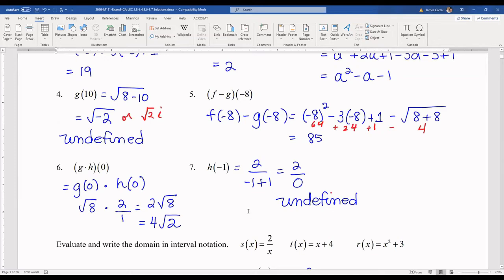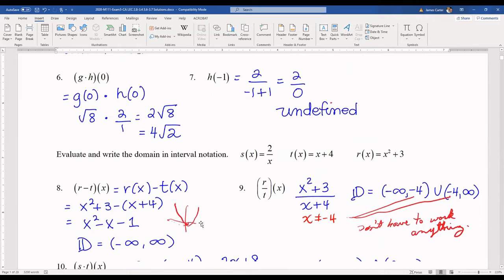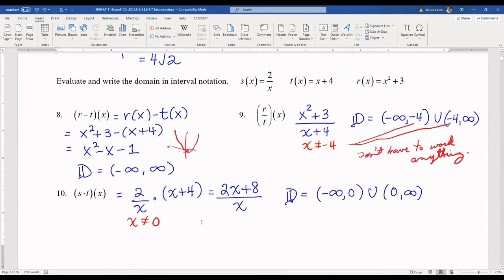Number 7. In this case, we take h and replace the x with -1. We get an undefined value. In these problems, we have to tell the domain, okay, of whatever it asks for.